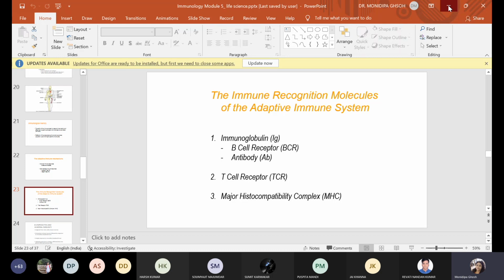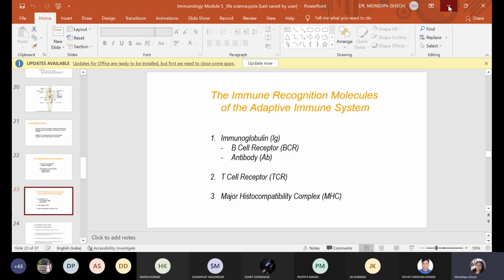For microbiology I also need one class. Can you give me one extra class whenever you are free? I don't have any problem, because for corona I lost one or two classes. You please decide and let me know on the weekend or any day you desire, I can take class. And please give me one class extra.